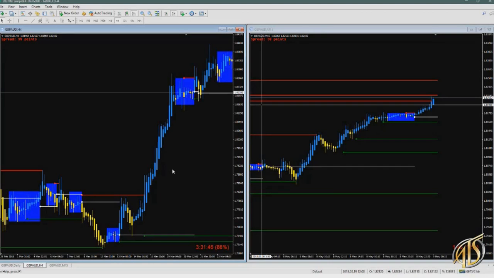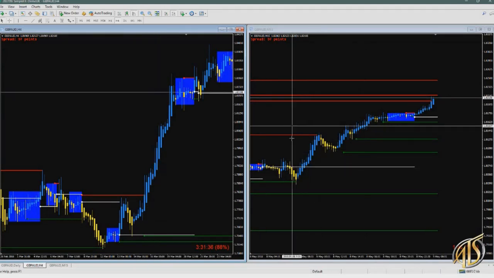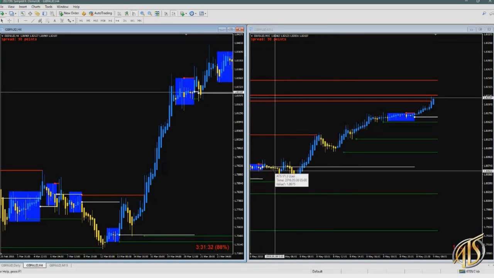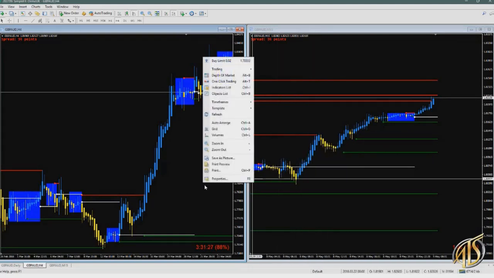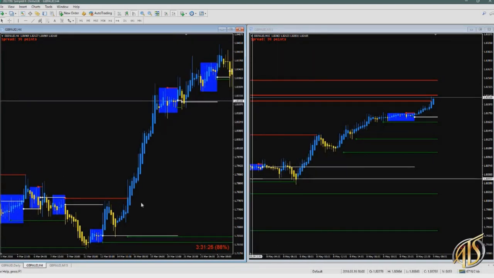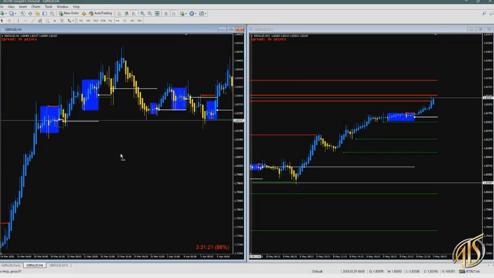The number two most important thing is that it just simplifies your life. When you are committed to only being a buyer of the market, that means that when you're looking for your entries over here, which we'll get into in another lesson, but when you're committed to looking for your entries on the shorter time frame, all you need to be worried about is being an excellent buyer of the market in this entire area right here.